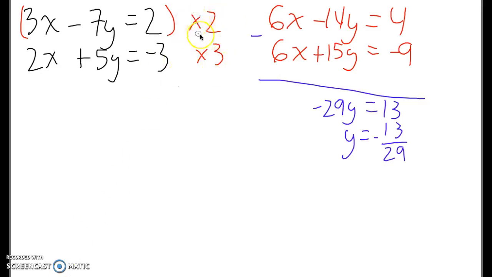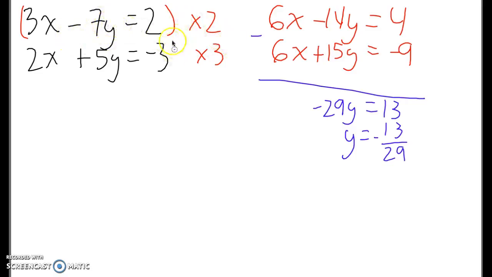Here, I multiplied by 2 because I was concentrating on my x terms. In the process, I ended up solving for y. If I wanted to concentrate only on my y terms and cancel those out, then I'd be left with just x. It'd be a little bit easier to solve. So I can think of this as I'm going to take this top equation, and now that I'm solving for x, I want to cancel out the y's.